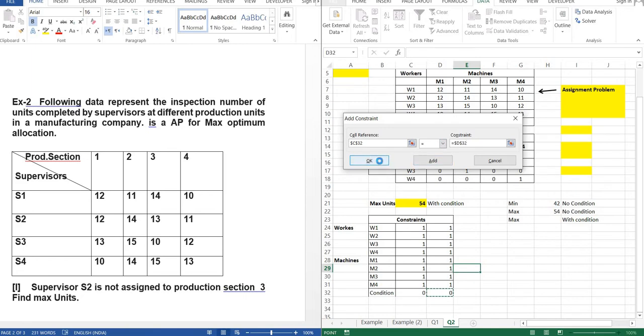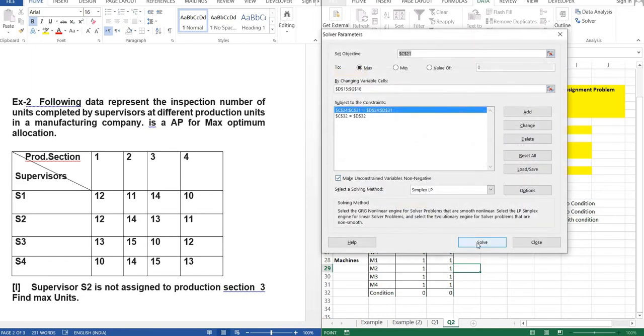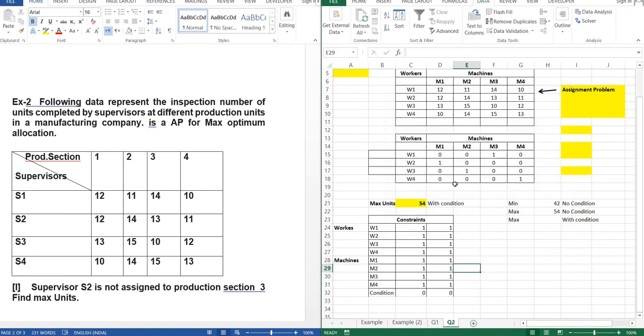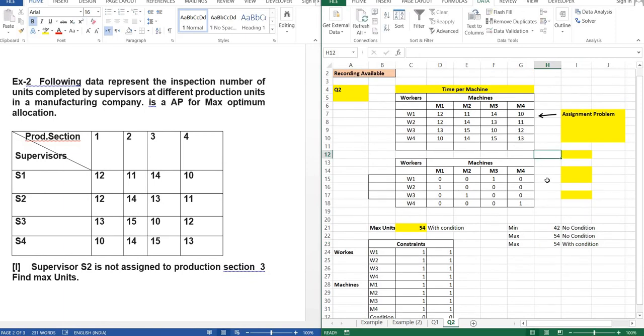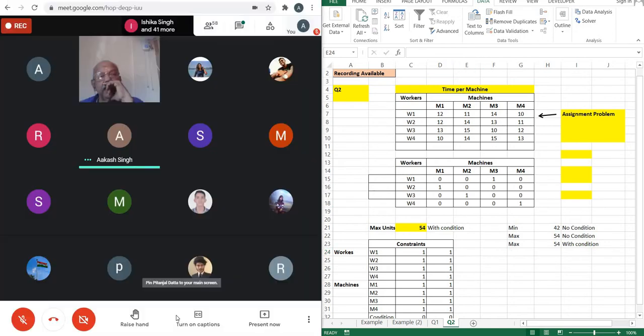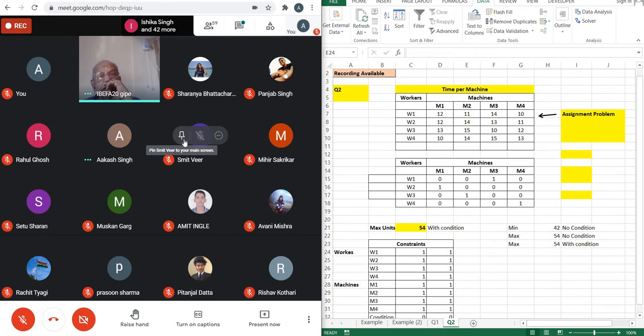So for minimum, I am getting 42. And assignments: S1 to 2, S2 to 4, S3 to 3, and S4 to 1. Perfect. And maximum, I am getting 54, S1 to 3, S2 to 1, S3 to 2, and S4 to 1.